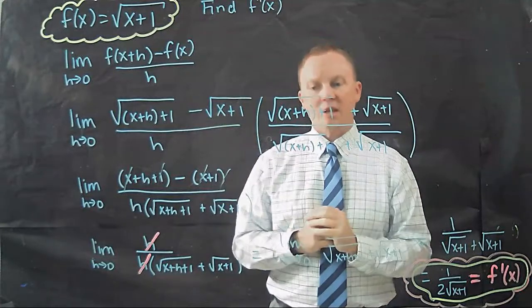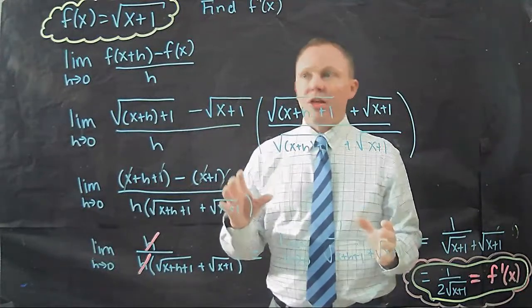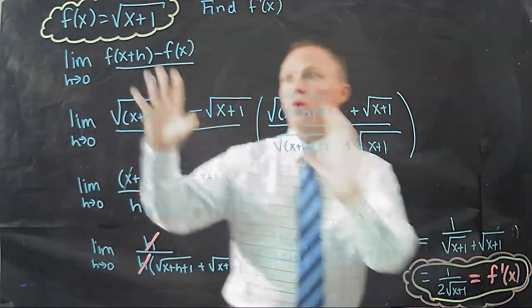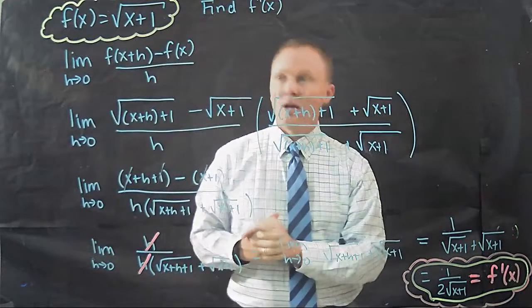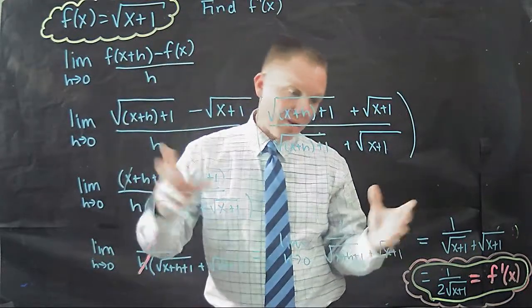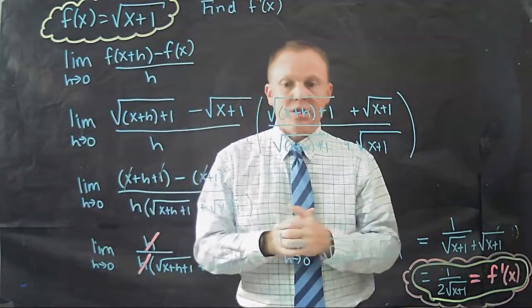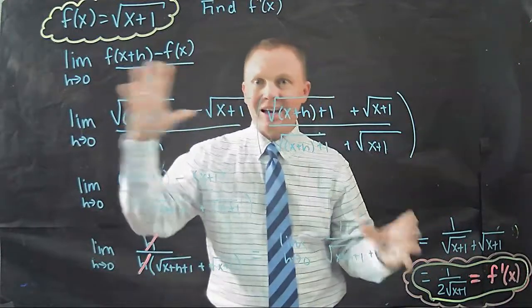How are those graphs connected? It turns out that the derivative tells you a whole lot about the function, and somewhat vice versa a little bit too. So we're going to connect these graphs.